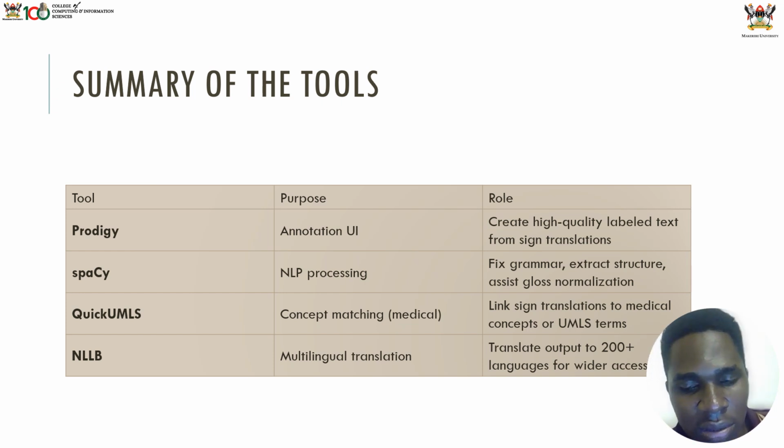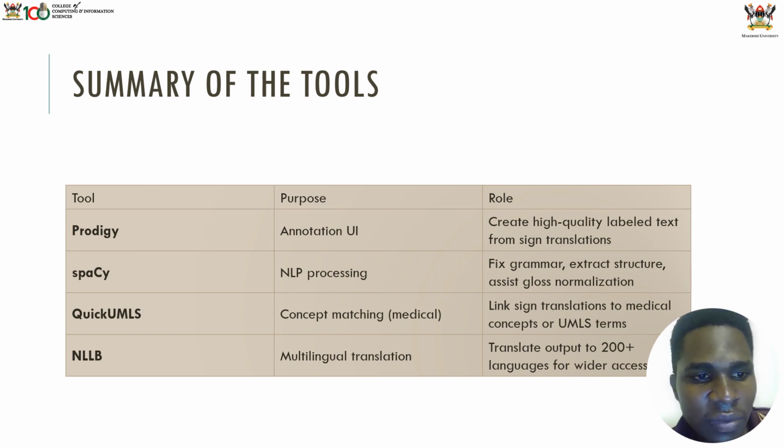Since we all know that the grammar for natural language is not the grammar for sign language, spaCy comes in to fix the grammar and helps complete the grammar of the sign language into natural language, with all the right words that are necessary for the communication to fit.